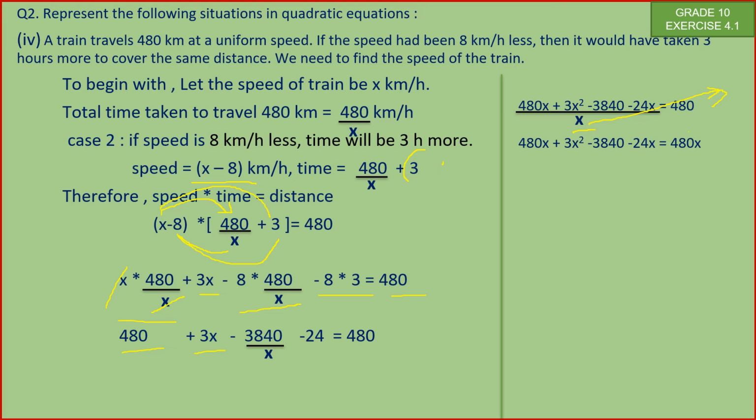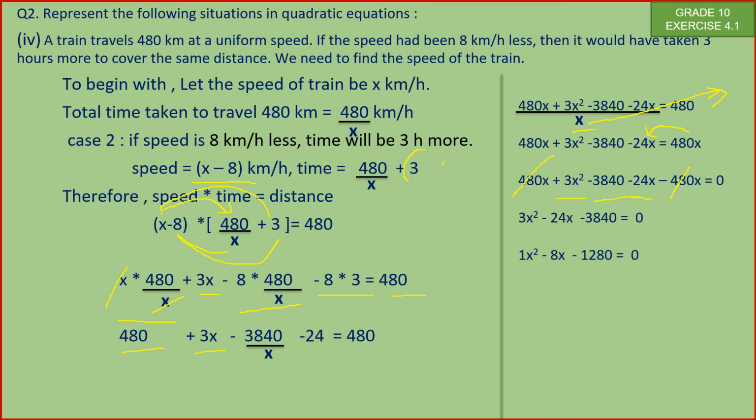Now take this 480x to this side of the equation by subtracting it. Now 480x and minus 480x will get cancelled out. Now we have the remaining 3x square minus 24x minus 3840 equal to 0.